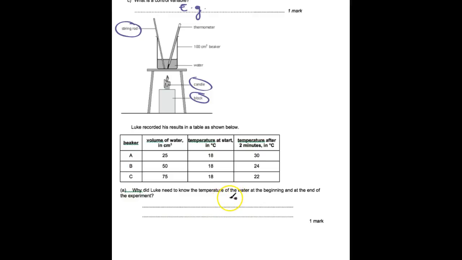Some of you mentioned it being fair, like it wouldn't be fair if we only wrote the temperature at the end because it might have started at a different temperature. And so as long as you explained that, not just said it was fair, but said that it had to be fair so that you could see the rise in temperature, then you got the mark. Okay, we'll go on to the next page within this video, so you don't need to change videos yet.